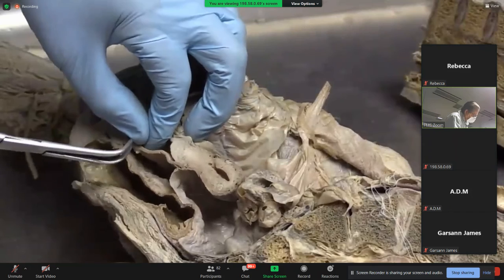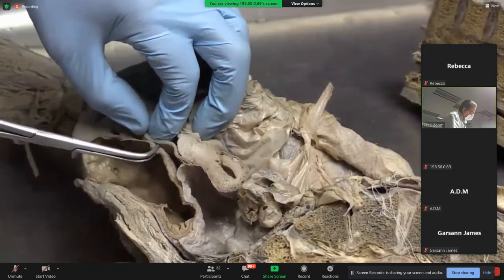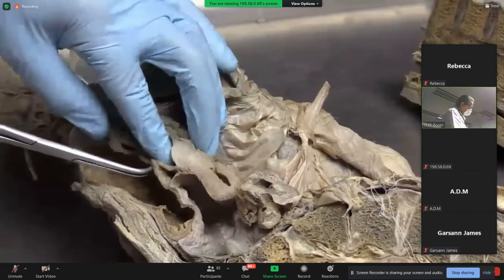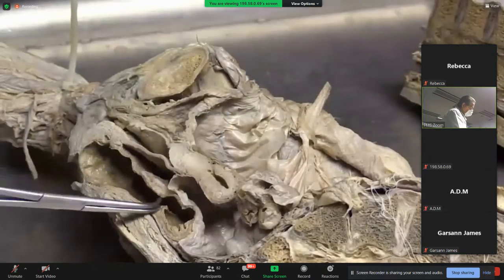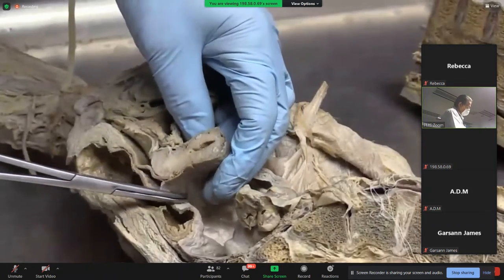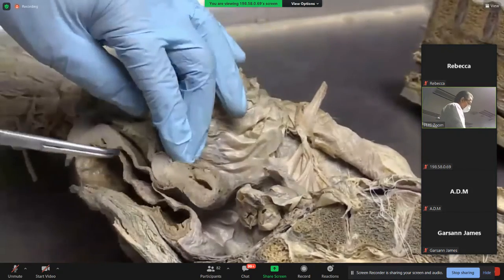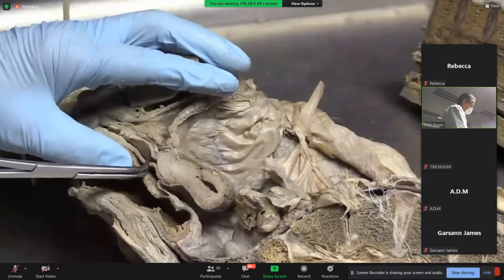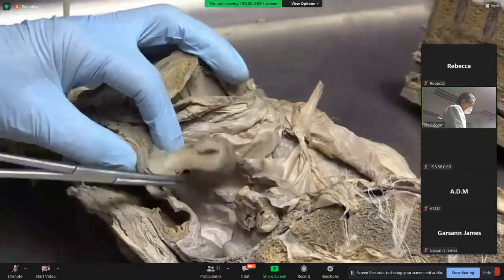Let's call it the rectovaginal septum. So those are the anterior relations down here. The upper two-thirds is the pouch of Douglas and its contents. And then inferiorly, instead of the fascia, we have the rectovaginal septum and the vagina. Right, okay? And the posterior fornix.